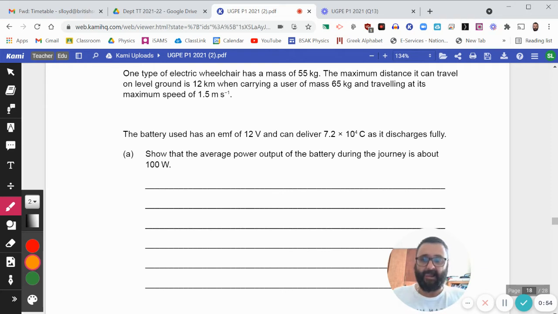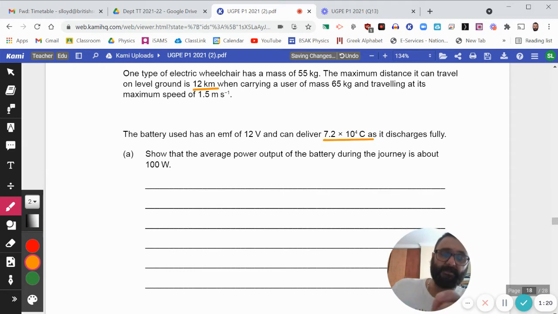Right. I can't see any time there. If we've got power and we've got charge, we could work out the time, couldn't we? On a full battery it can travel 12 km, and during that journey it will discharge this amount of charge.